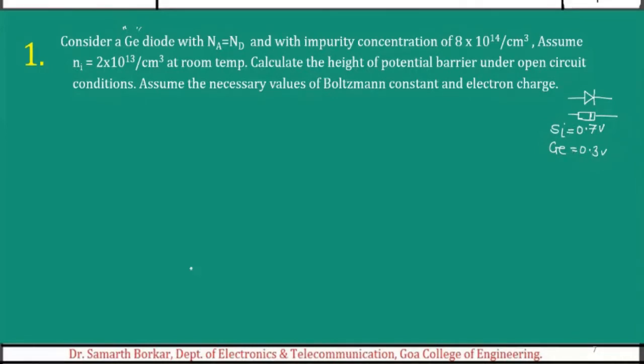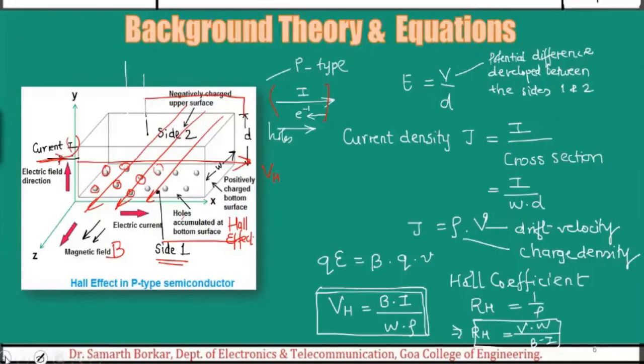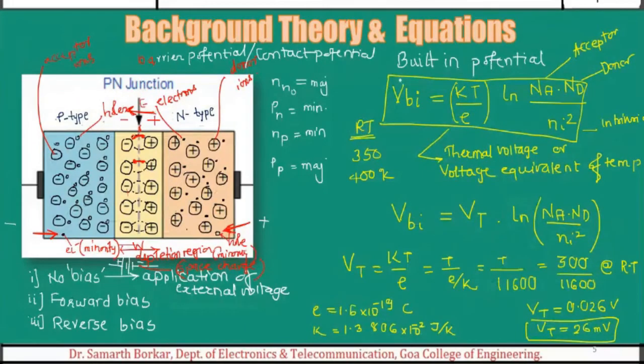Fine. If you look at this equation, this built-in potential depends on these parameters. Nowhere in this expression is the term voltage appearing. That means this built-in potential is independent of applied voltage. Irrespective of whatever voltage you are applying, it will not affect your VBI.